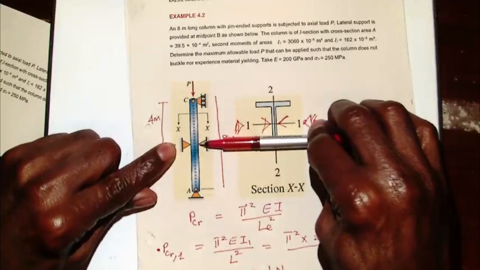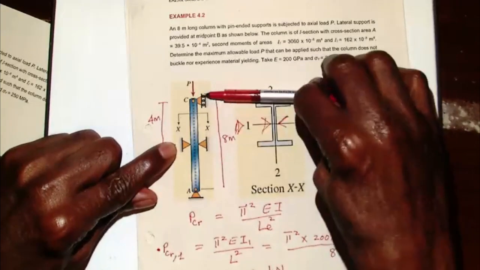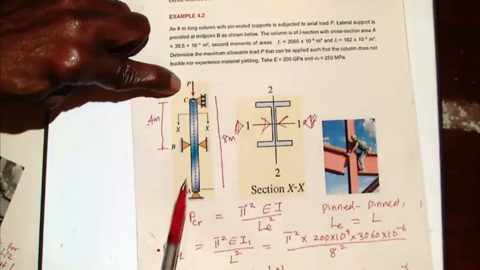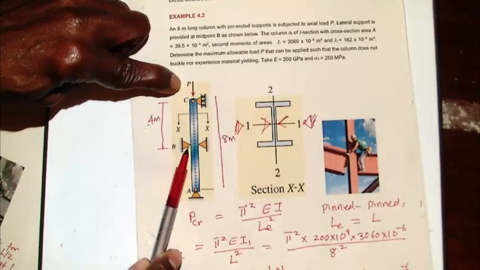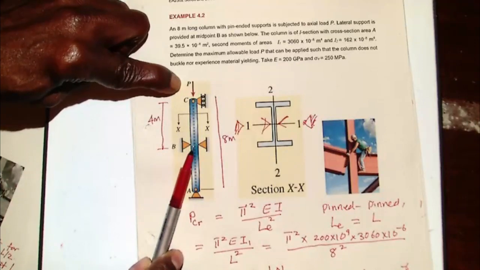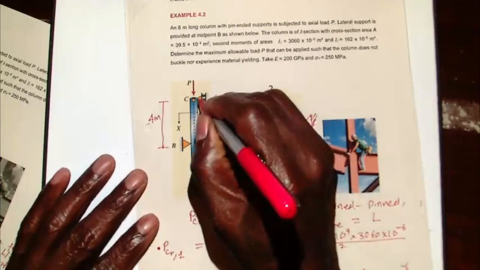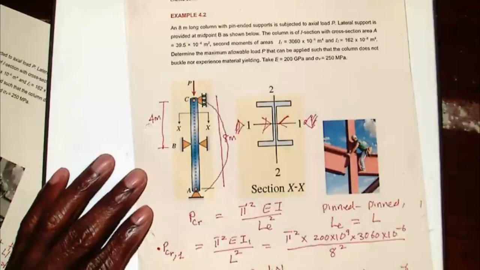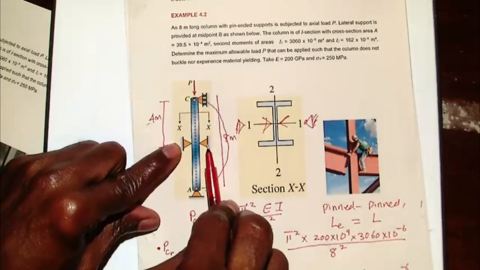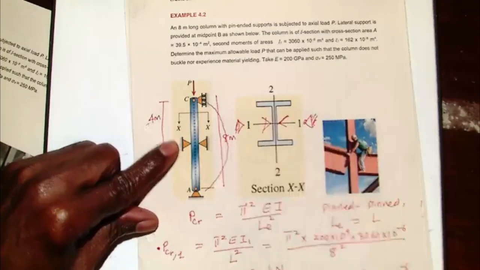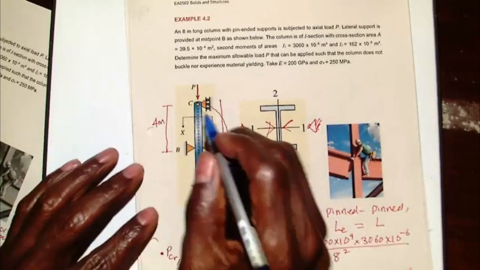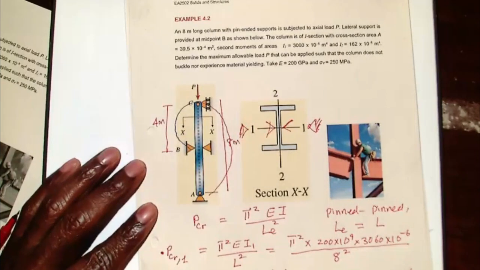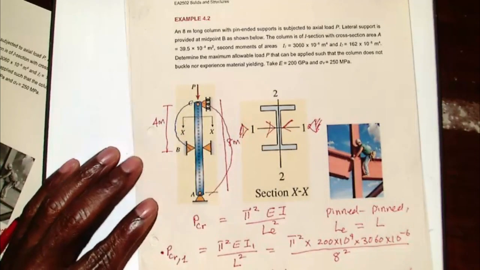So it's going to bend between this end and that end, and between this end and that end. It's not going to bend all over the length because this is stopping it at the center. It's not going to do that because you've got this here. What you're going to get instead is something that will do this. Okay, I understand.